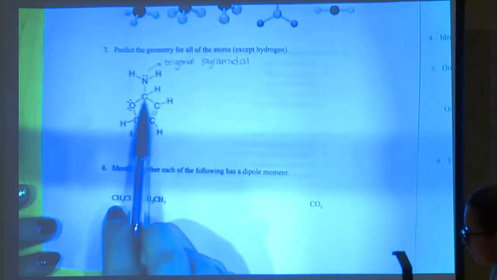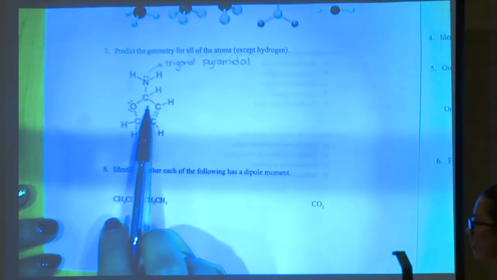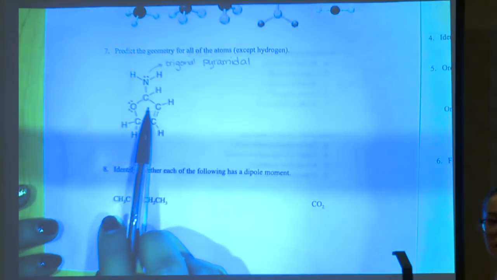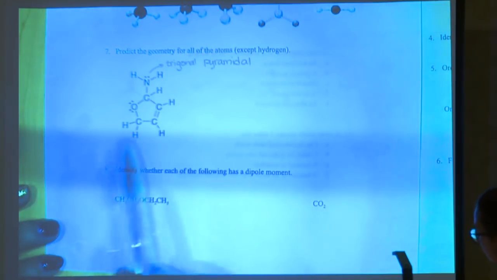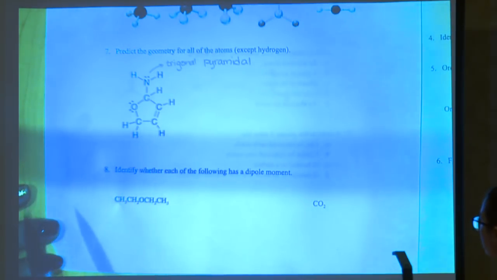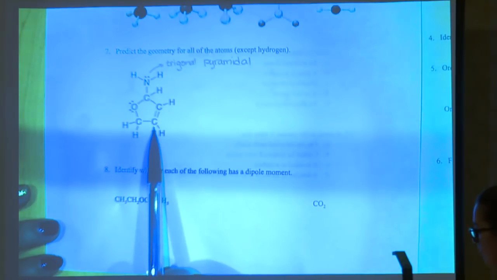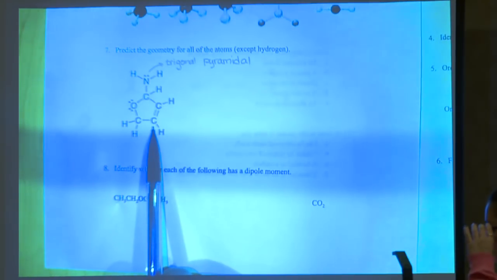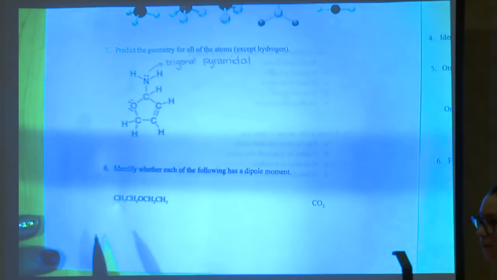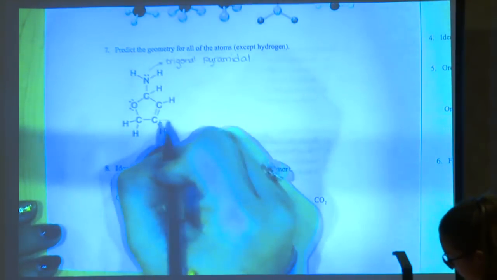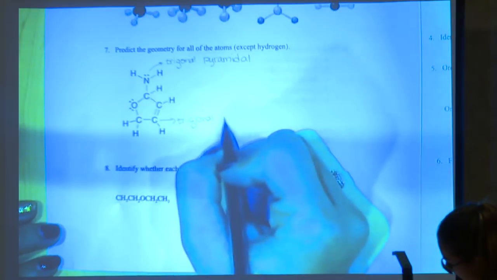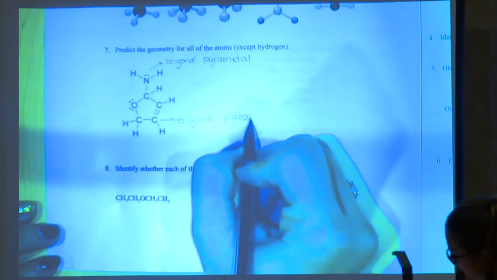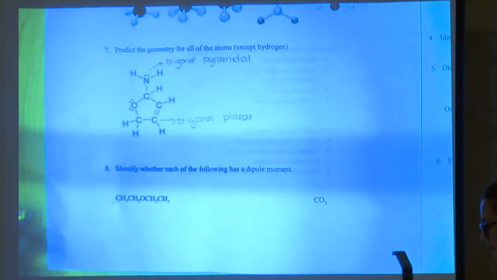And then this one? Okay. Do y'all agree with that? How about this one? Good. Trigonal planar? Okay. And the last one there? Good. Are we all comfortable with that?